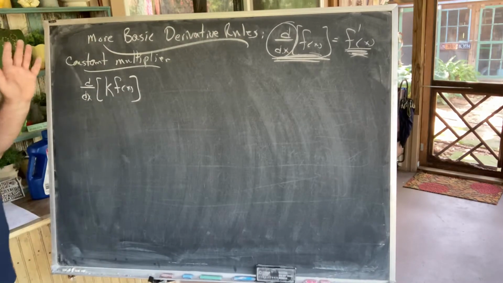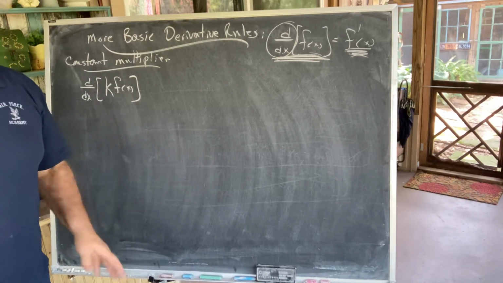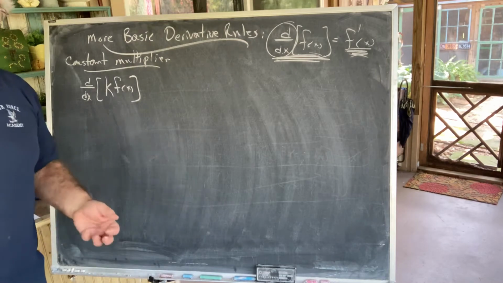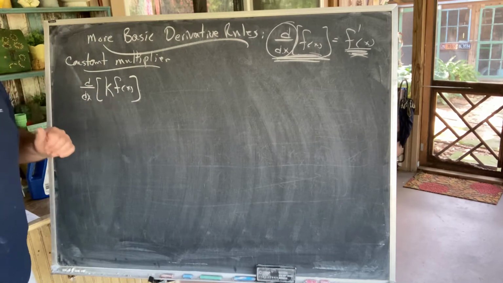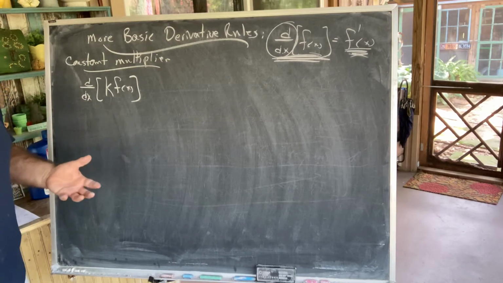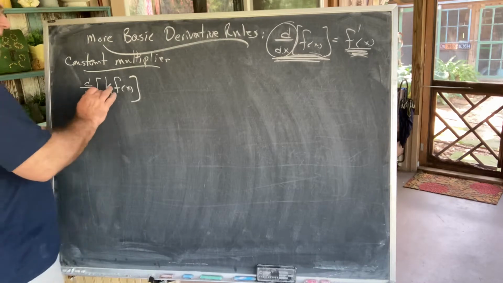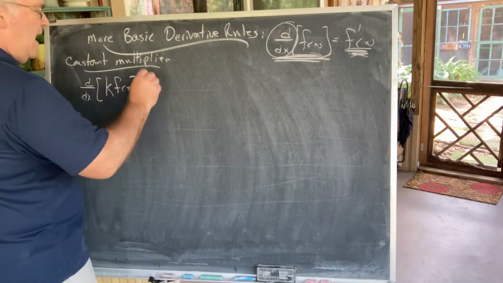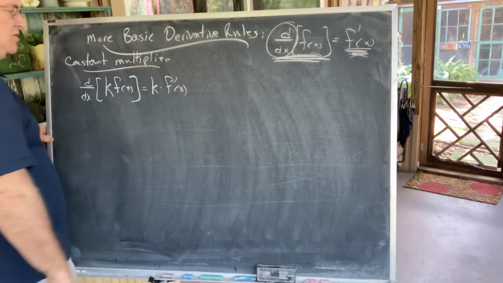You'll notice that in all of the examples we've worked through so far, there has not been a coefficient. Well, now we're going to cover that base. The derivative of a constant times a function, this can be any function, is given by the constant times the derivative of the function.